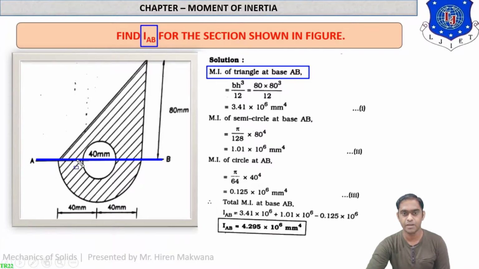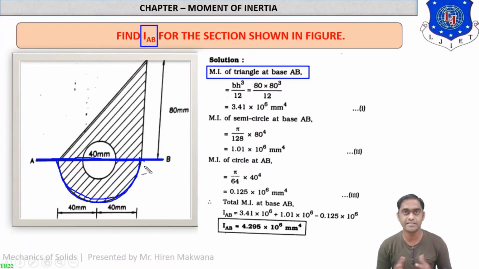This axis AB, about which we have to find moment of inertia, is also the base of the triangle, is also the centroidal axis of the circle, is also the base of semicircle. It is also the base of this semicircle, means this is the diameter.